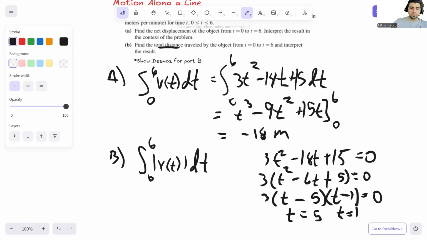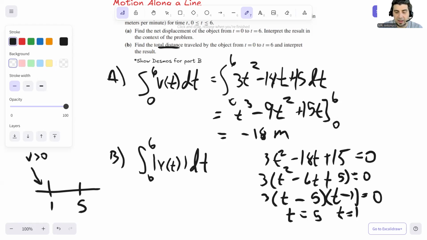So what we want to do is figure out if the velocity is positive or negative on these 3 separate intervals. If we think about a timetable here, 1 and 5, if you try a time before 1, like t equals 0, the velocity is going to be positive.